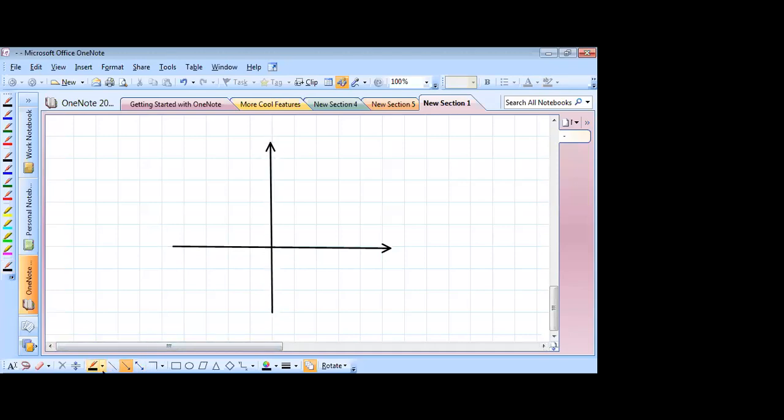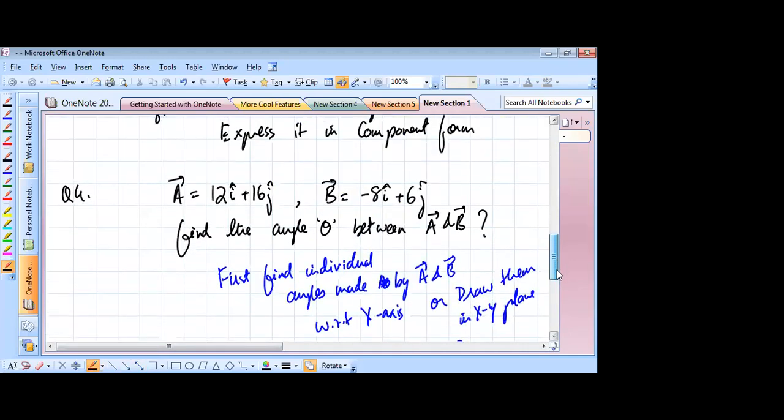So in this coordinate frame, you will see that if you draw the vector A, which was supposed to be 12i cap plus 16j cap, right?